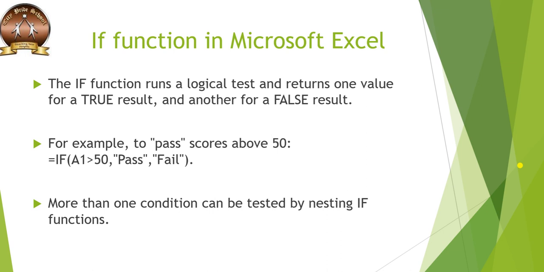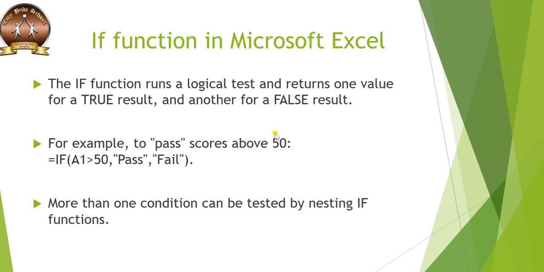For example, to pass scores above 50. So, if you want to compare certain values and find out the result, pass or fail. If your marks are above 50, it should be pass, and if your marks are below 50, then we have to display a fail result.